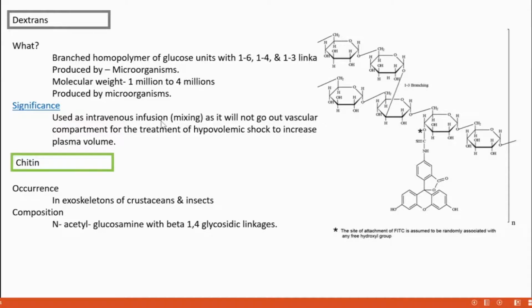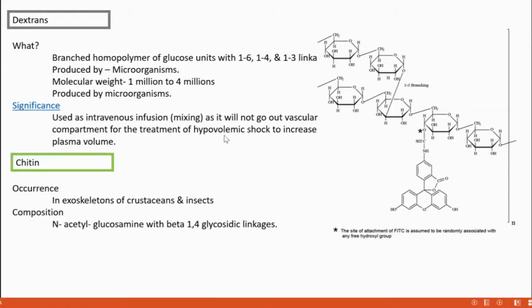Intravenous infusion: if a patient has lost so much of his blood, then the doctors will administer this dextran intravenously, meaning directly into his or her vein. Because it will not come out of the blood vessel, it can retain there itself, and it will increase the plasma volume within a very short time span.